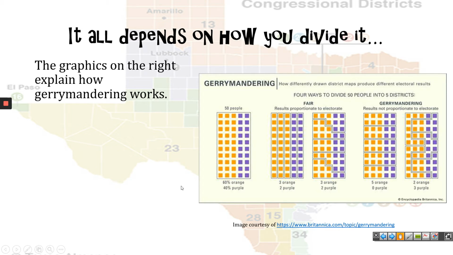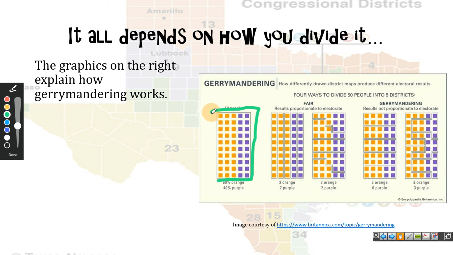So let's pretend these boxes are all the same state. Pretend we have a state here, based on this rectangle. It's a very geographically straight state.